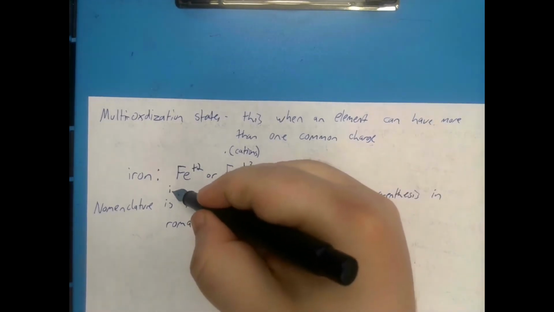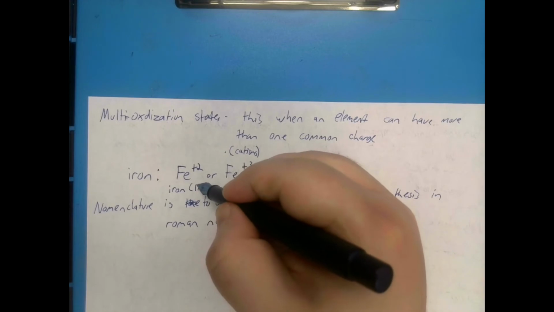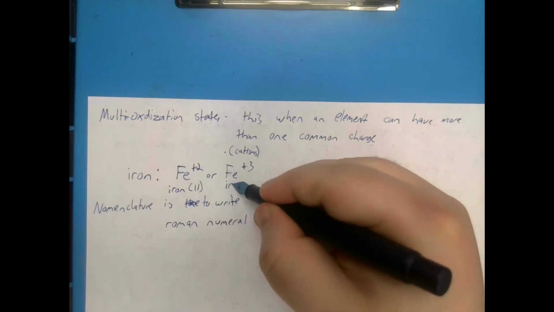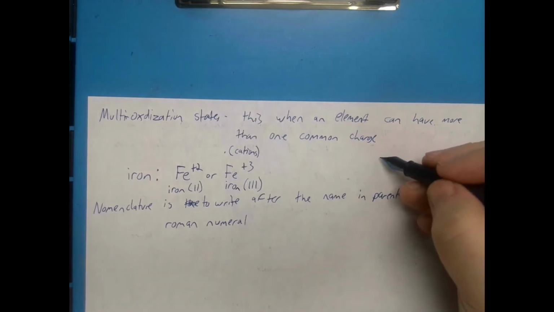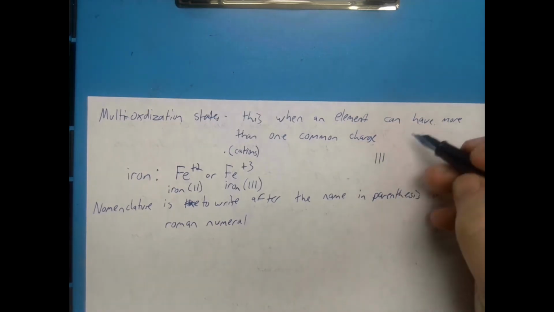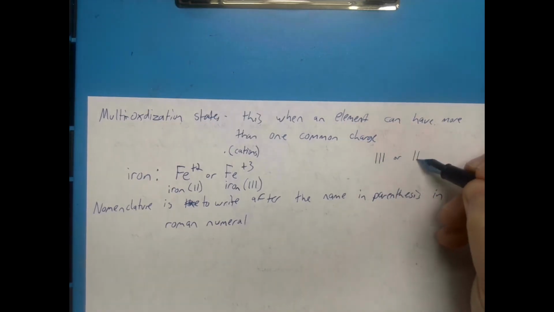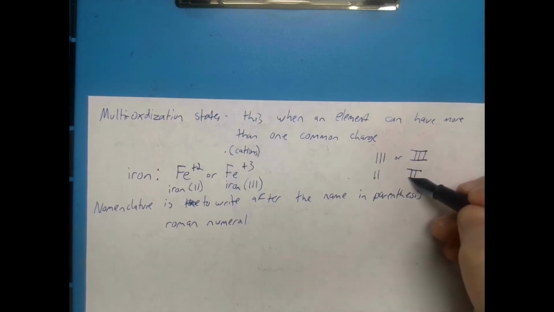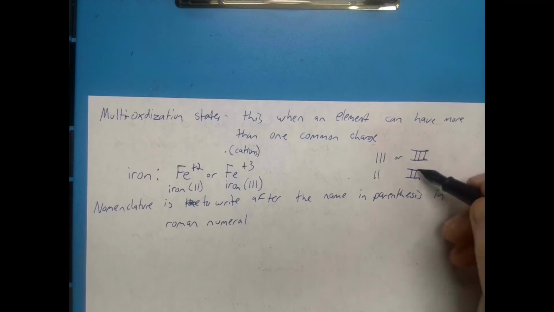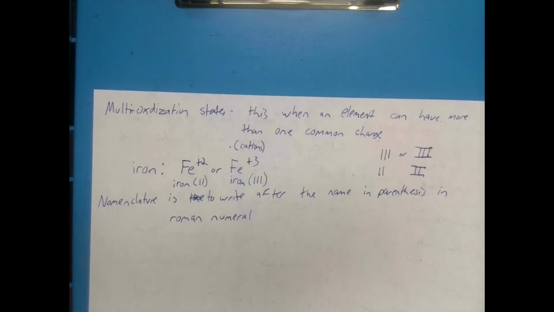So this would be called iron 2, and this would be called iron 3. And I write my 3s either like this or like this, same thing for 2s. I usually connect the I's to indicate that it is Roman numeral.